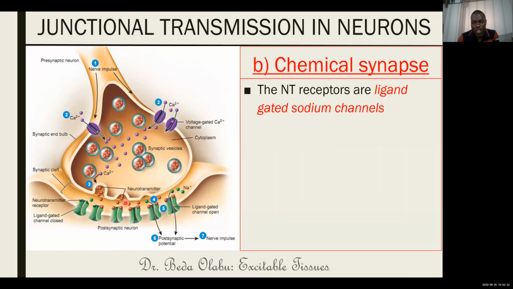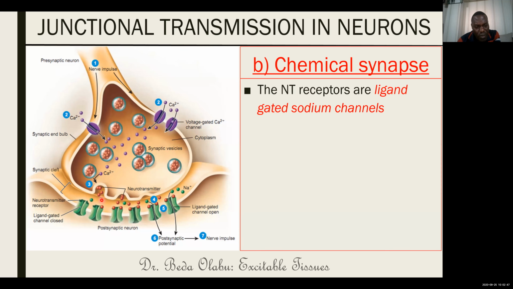So if you follow this diagram, the chemicals are within the vesicles here. The vesicles have docked, then the chemicals have been released into the synaptic cleft. Let's consider this to be the chemical.